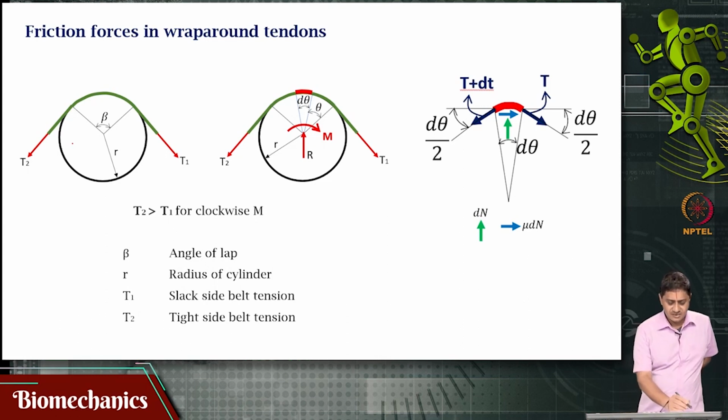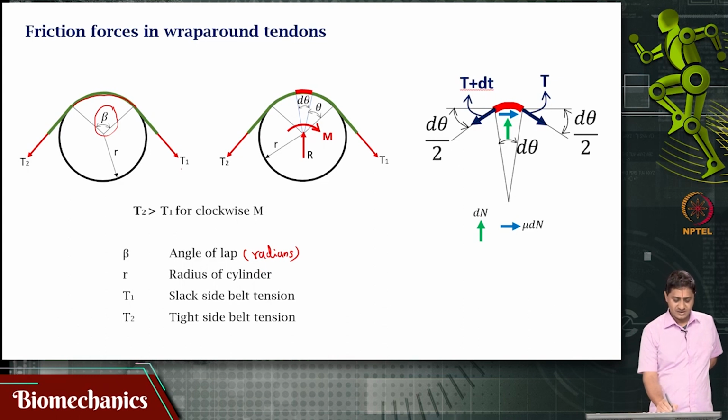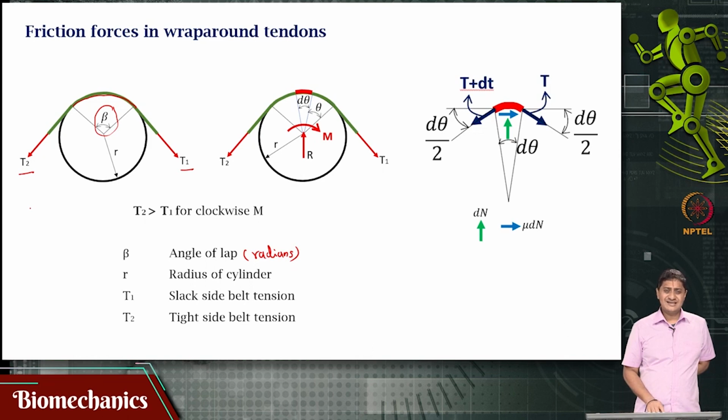Let us say that the rope has contact with this cylinder for an angle beta in radians, and this rope or belt has two tensions, T1 and T2. If there is an external rotation, an external moment capital M, applied as shown in this picture, T2 can be assumed to be greater than T1.